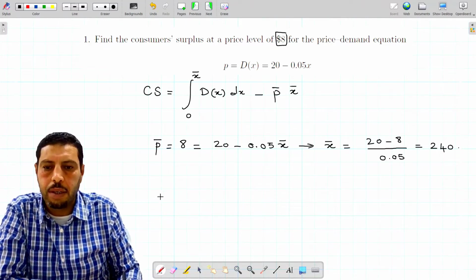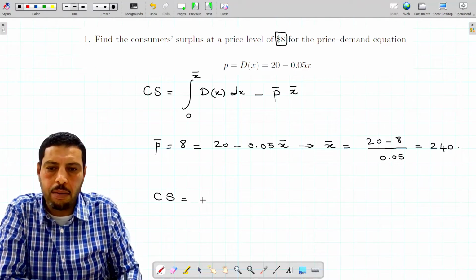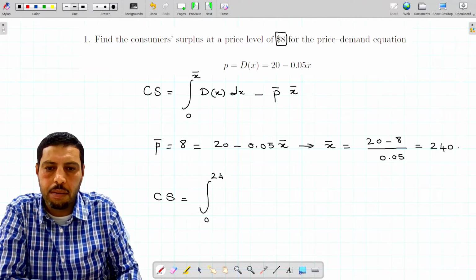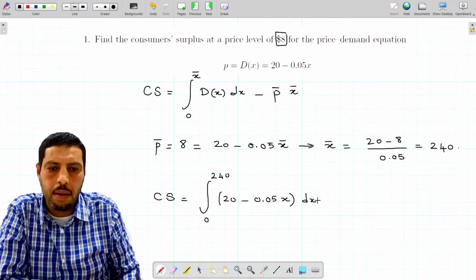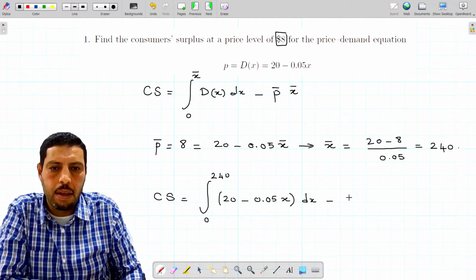So the consumer surplus here is equal to the integral between 0 and 240 of d of x, which is 20 minus 0.05 x, dx, minus the price, which is 8 times 240.